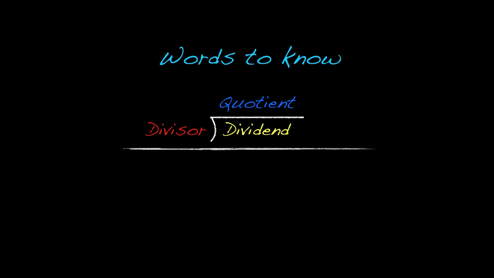So before we begin, there are some words that we probably want to discuss really quickly. The dividend, if you recall, is that number inside the box that we're going to be breaking down into smaller groups. The divisor is going to be how many groups we break it down into. And then the quotient is going to be how much or how many are in each group.